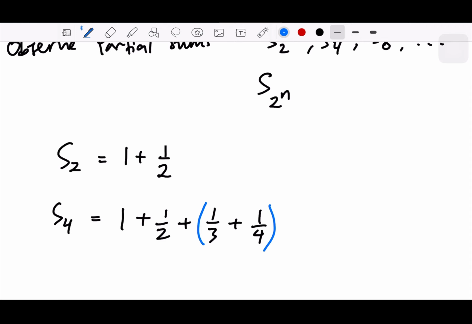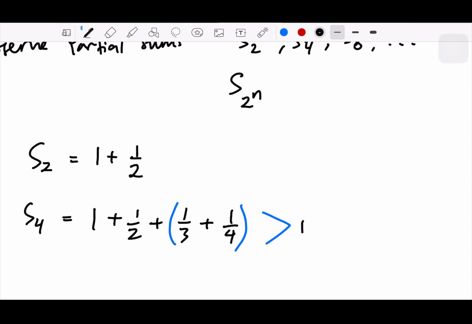And this is still greater than 1 plus half plus 1 over 4 plus 1 over 4. So this is just to make the comparison easy. So let's make this 1 over 3 become 1 over 4.